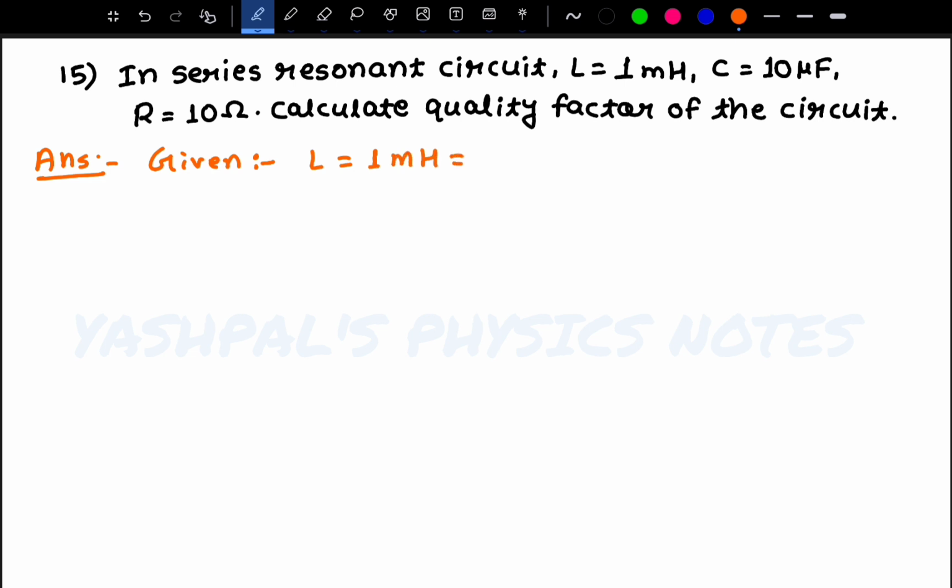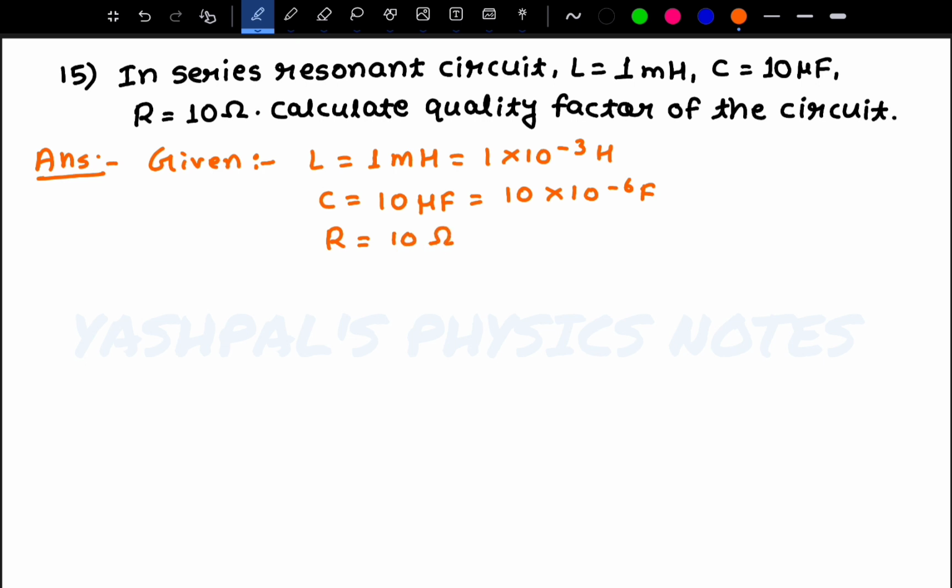Convert into standard form, 1 into 10 to the power minus 3 Henry. Capacitance is given as 10 microfarad. Convert into farad, 10 into 10 to the power minus 6 farad. Resistance is given as 10 ohm. Calculate the quality factor of the circuit.